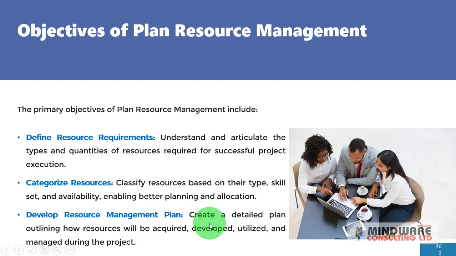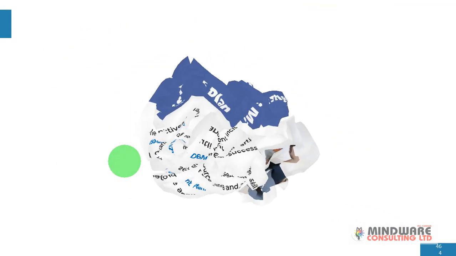The objective also has to do with creating a detailed plan outlining how resources will be acquired, developed, utilized, and managed during the project. So these are the primary objectives for this particular sub process. When you have this in perspective, then you are ready to hit the ground running.